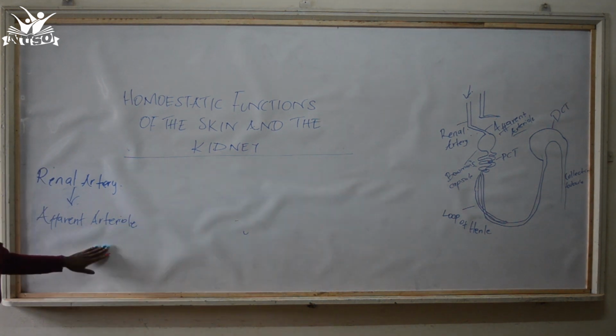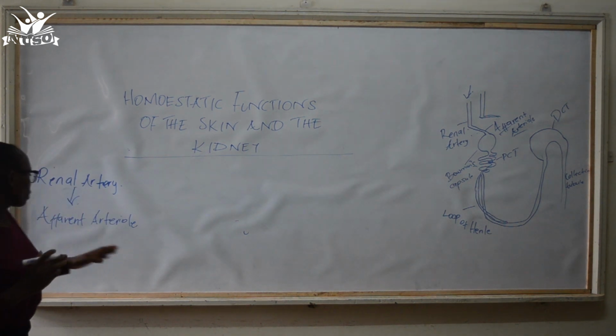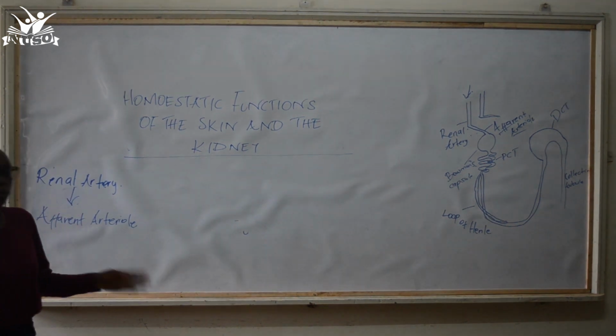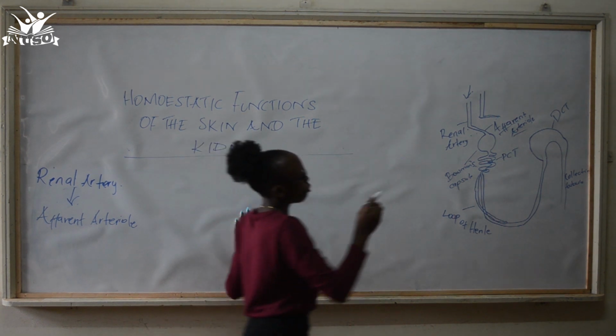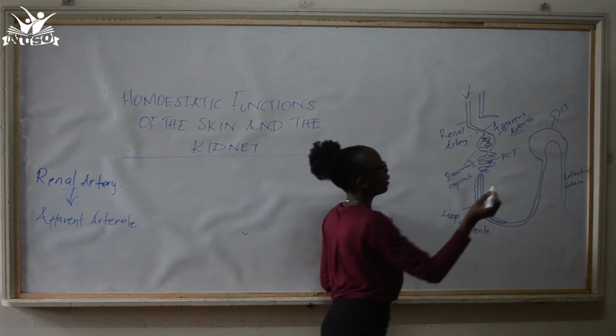The afferent arteriole is wider than the efferent arteriole. Blood passes through the afferent arteriole at a very high pressure. From the afferent arteriole, blood goes into the glomerulus.